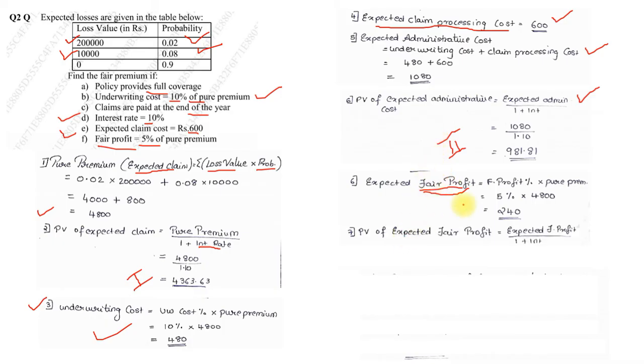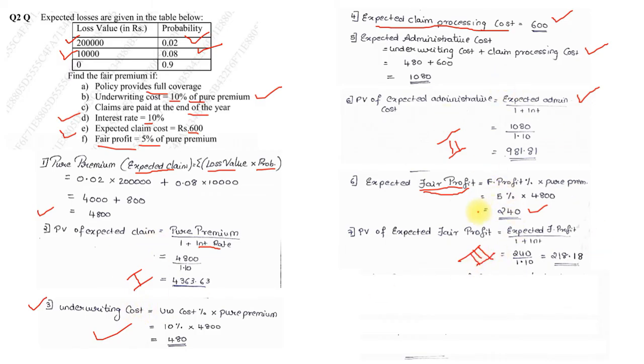Next is, since we got the expected fair profit, next it will be PV of expected fair profit, which is expected fair profit upon 1 plus the interest, that is 0.1 again. So 240 divided by 1.10, which comes to 218.18. Okay, this is my third expected value or the PV. We just require these three values.